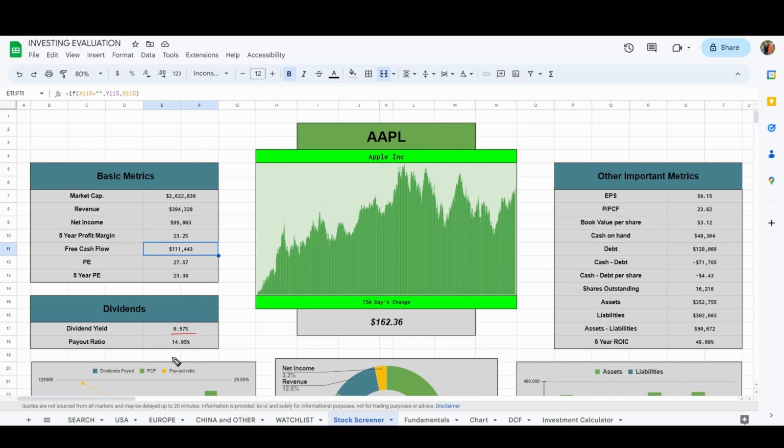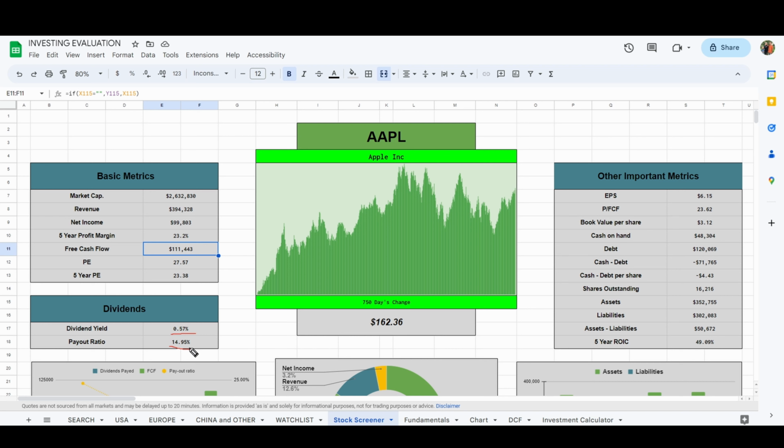So now let's get over to the dividends category here, the dividends table. In Apple's case, it doesn't pay a huge dividend. Of course, this is nothing, but it's a very big company, and we need to remember that Apple focuses more on buybacks of shares, which we're going to see in a second. So their dividend yield is 0.5%, and their payout ratio is 14, or actually 15%.